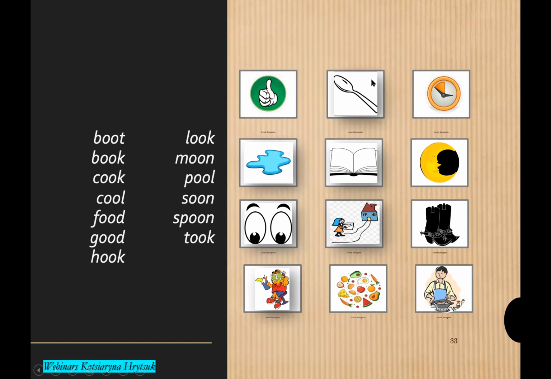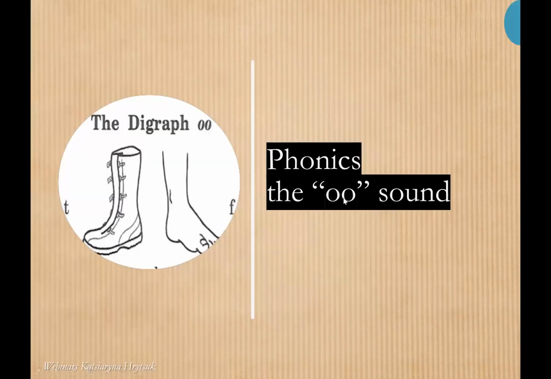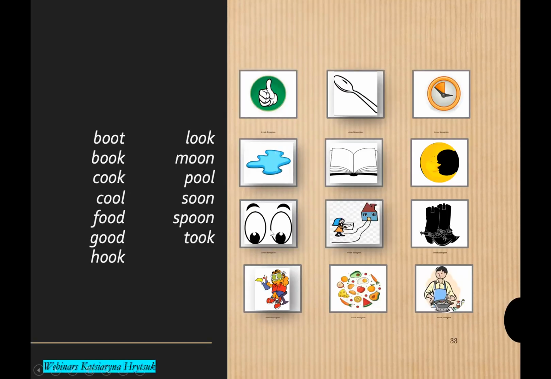Okay, so if we choose this word, Vika, which one? Which word here? Spoon. Look, it's oo, spoon, okay.